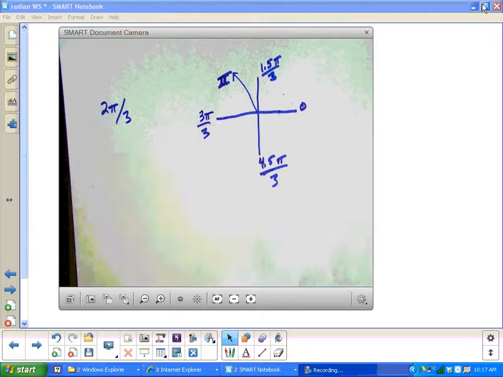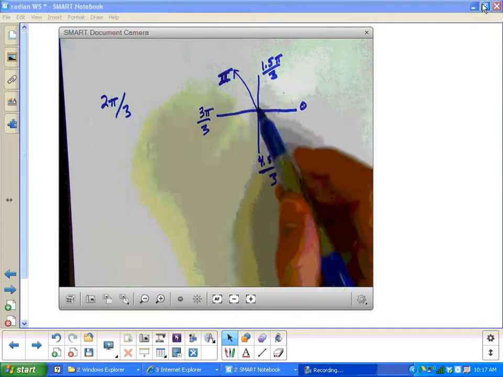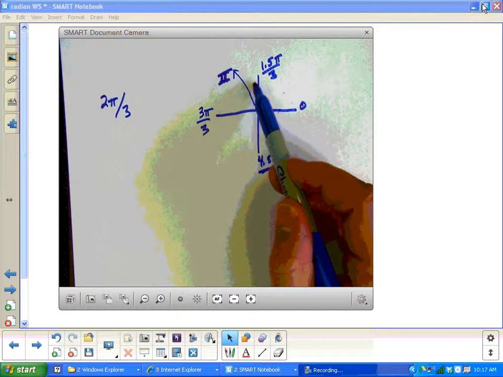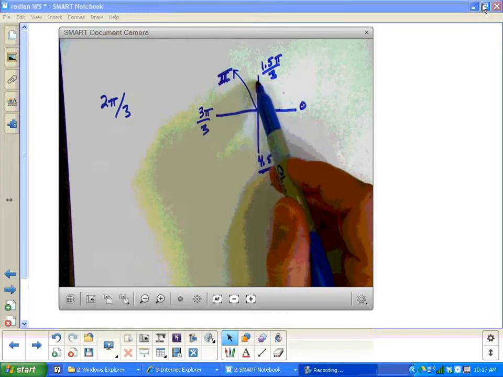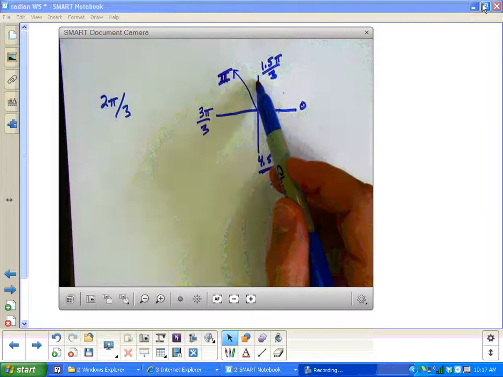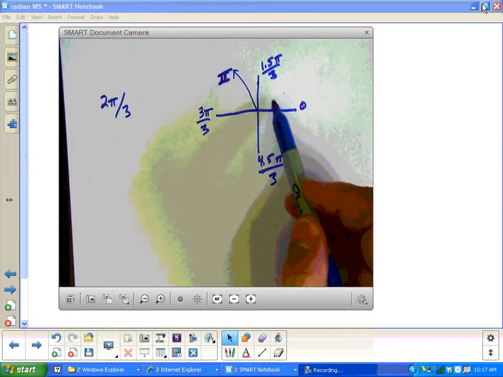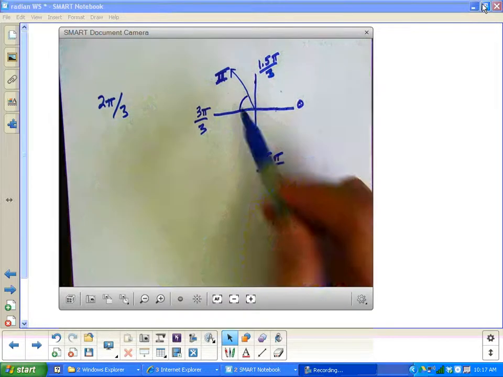If I'm going to draw it, I'll just figure it out visually. Would the reference angle be this angle? What's wrong with this one? This would be formed with the y-axis. If I did this angle, that's obtuse. So this angle would be the reference angle.